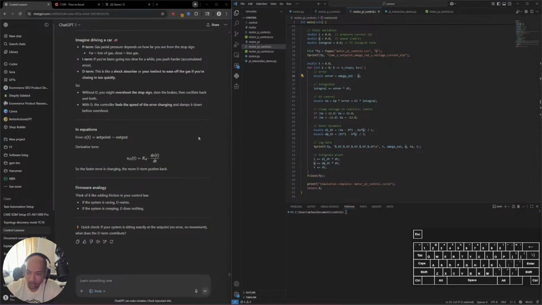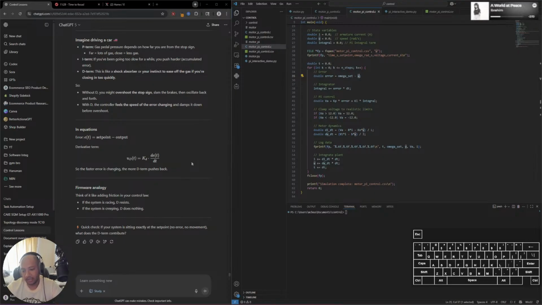Derivative term is u_D(t) equal to Kd times de(t)/dt, the derivative of error. So the faster error is changing, the more the D term pushes back. Think of it like adding friction in your control. If the system is racing, D resists. If the system is creeping, D does nothing.